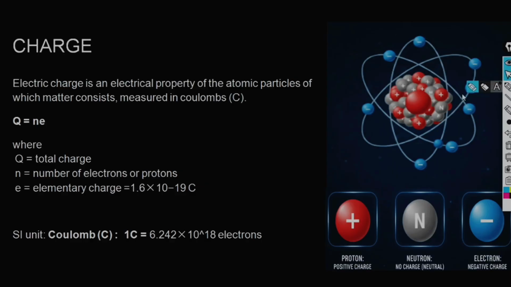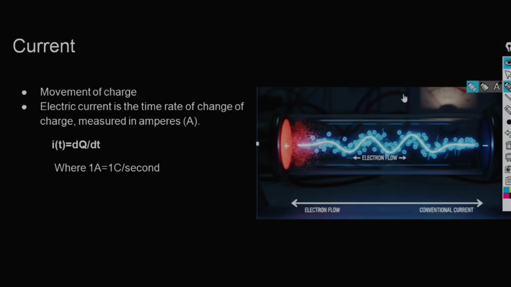So now, if I consider movement of this particular charge, that itself is your current. When a charge moves, we call it as current. And the definition associated with current is electric current is the time rate of change of charge and it is measured in amperes.